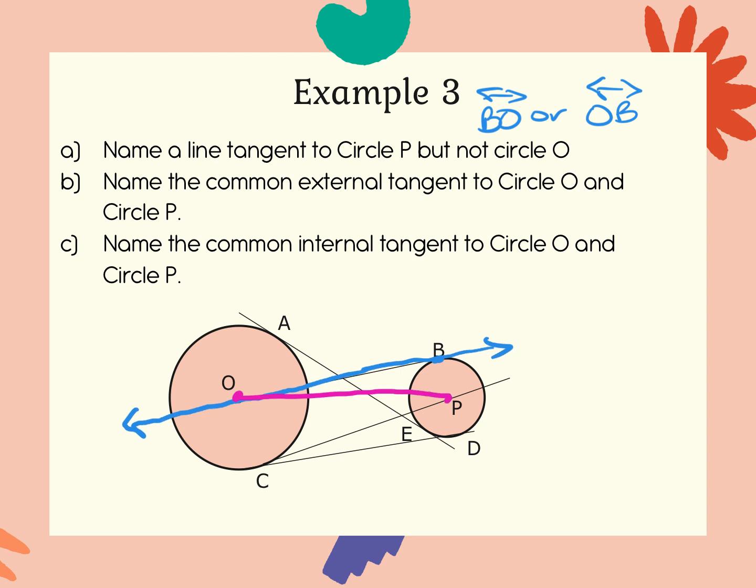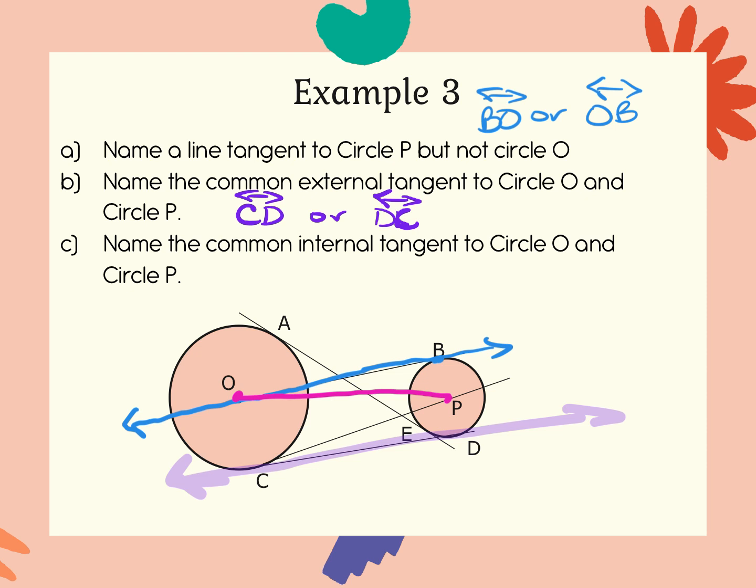A common external tangent to O and P could be this one down here at the bottom, CD, because it does not cross that pink line. So a common external tangent could be line CD, or in reverse, DC.